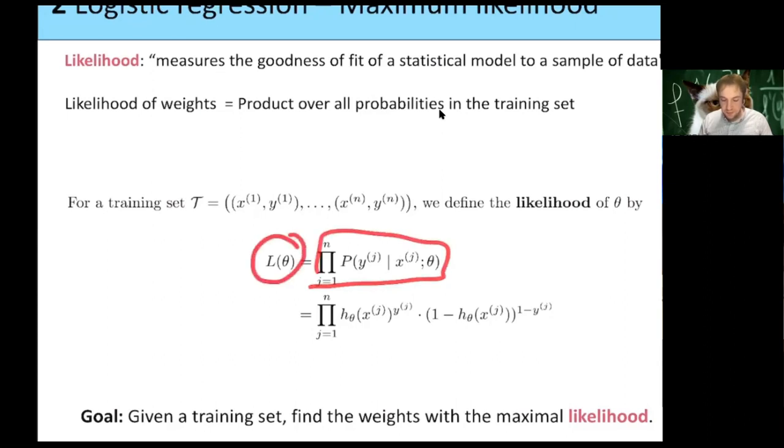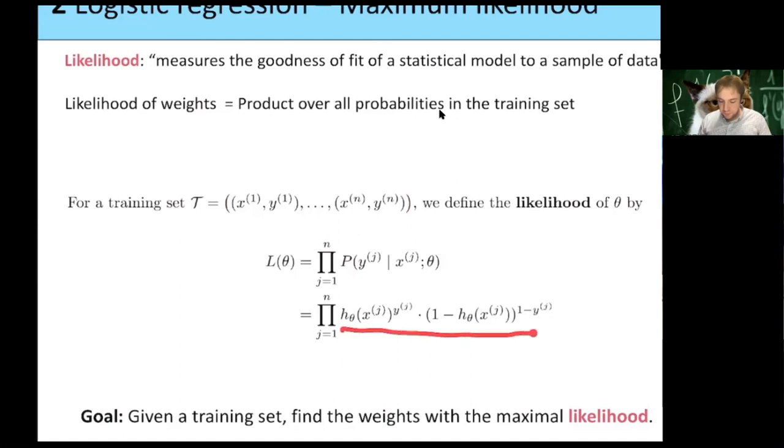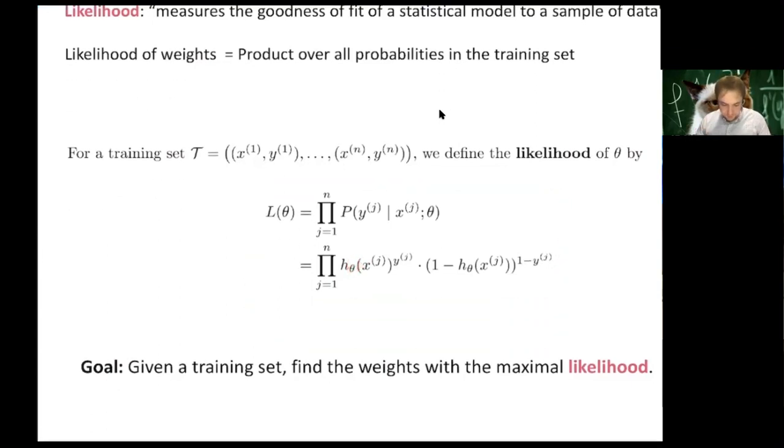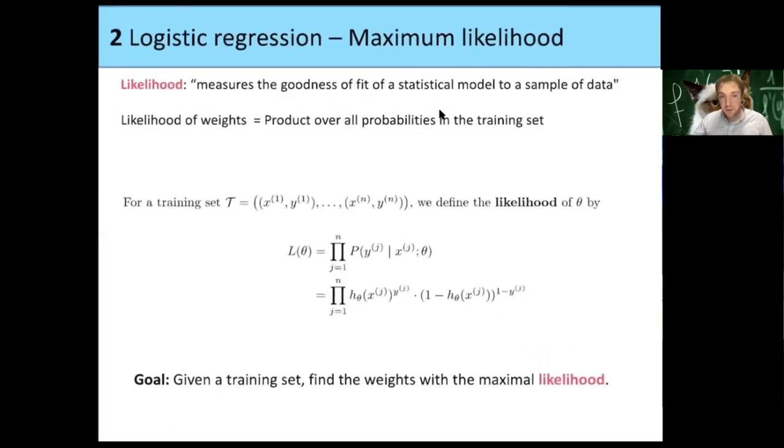So the likelihood of our weight theta is given by the product of all probabilities. We model these probabilities by this hypothesis. So we ask for which theta this function is big, and this is why it's called the maximum likelihood. So we want to find the theta with the maximum likelihood. Okay.